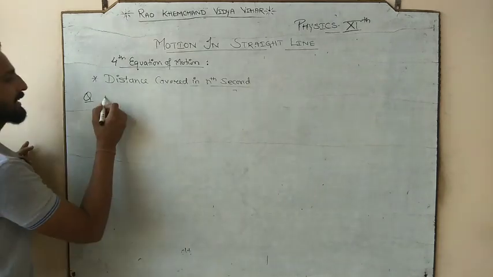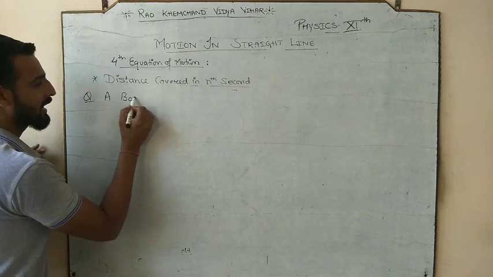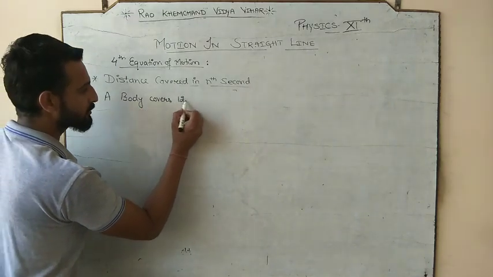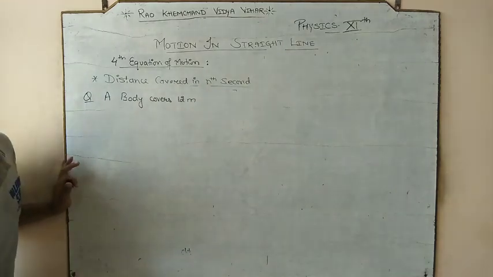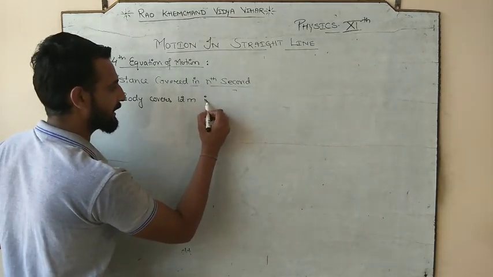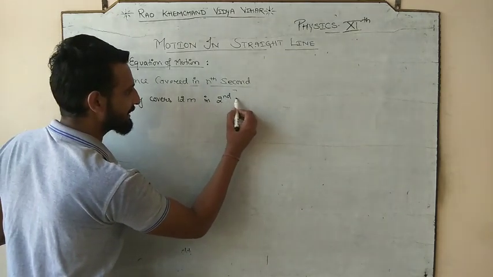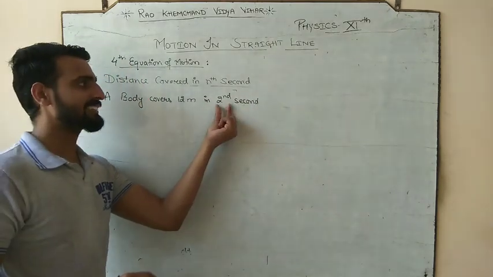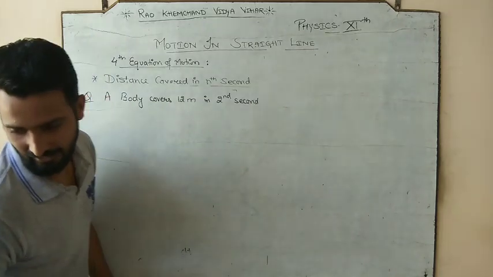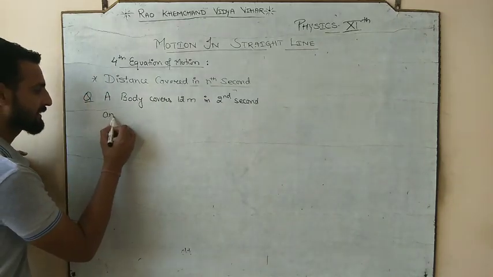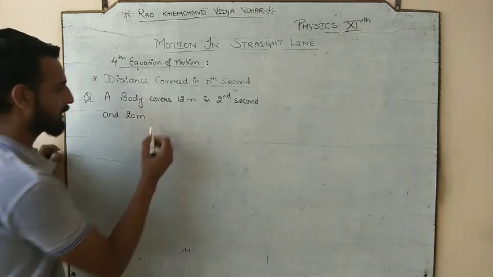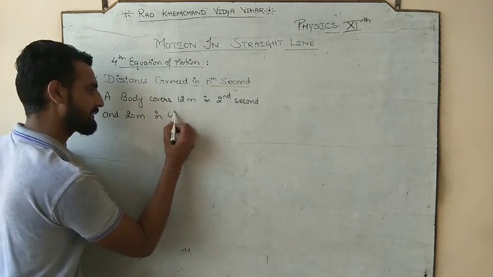The numerical is: a body covers 12 meter in 2nd second. Okay, it is pretty much language. Please try to understand. And 20 meter in fourth second.